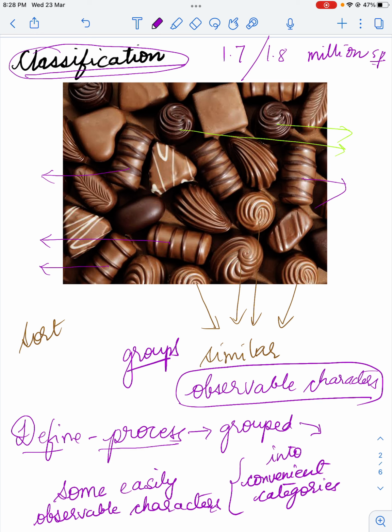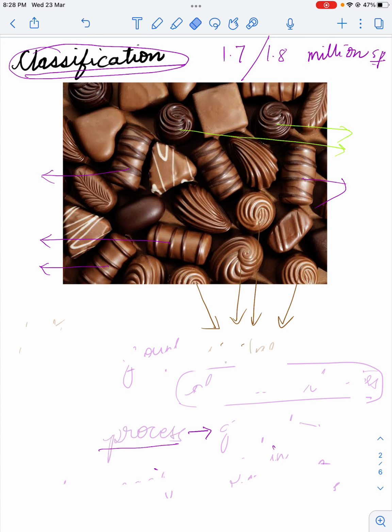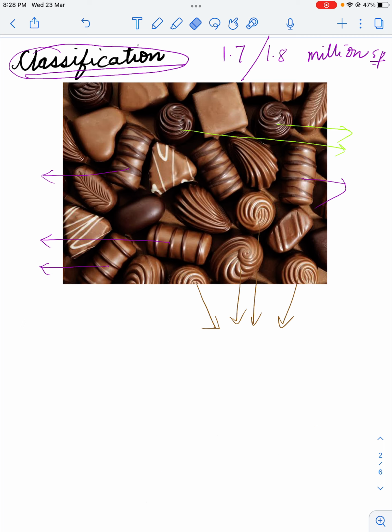Now, if you take the example of any other plant or animal instead of the chocolate which we have discussed here, if I ask you to think of a mosquito, what are the first few characters which you can think of?